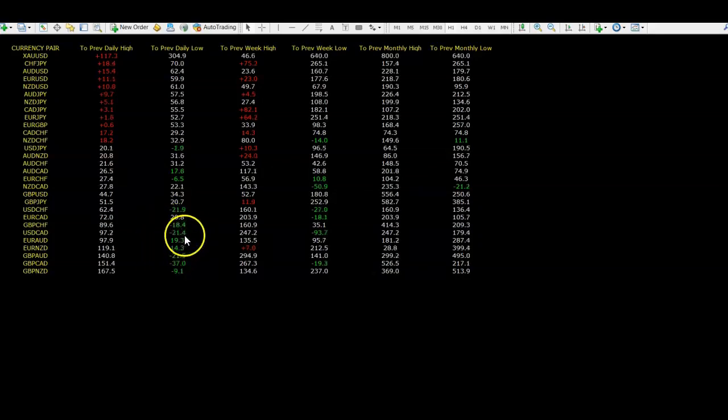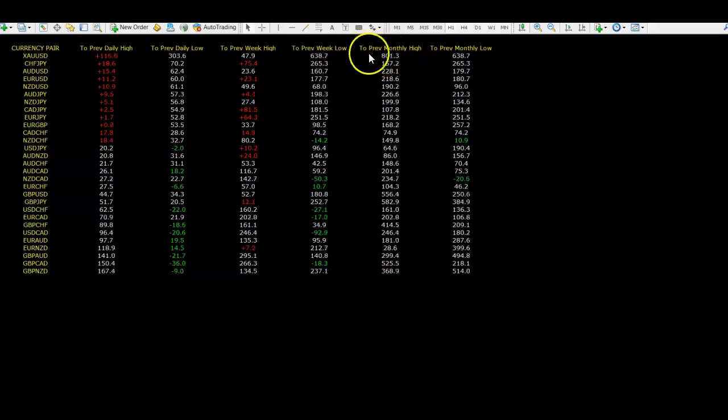Also, you can use this to trade breakouts. If you like to trade the breakouts of the highs, you can use that with hidden divergence or classic divergence on the dashboard also. Again, if you just want to use this by yourself, it's good for trend direction. It gives you the trend strength. You can see across all dashboards over the previous month, gold is well above last month's high.